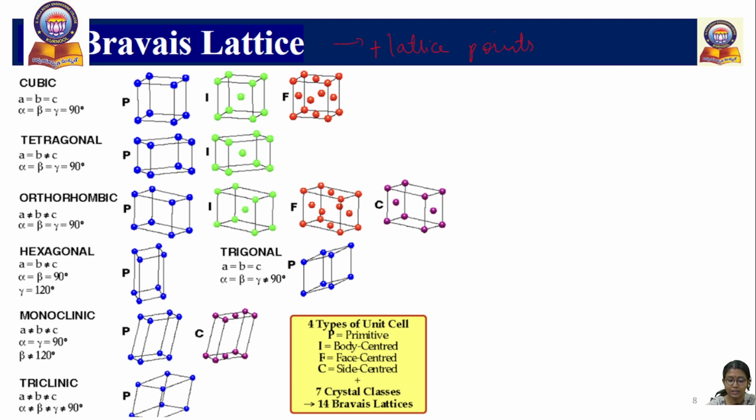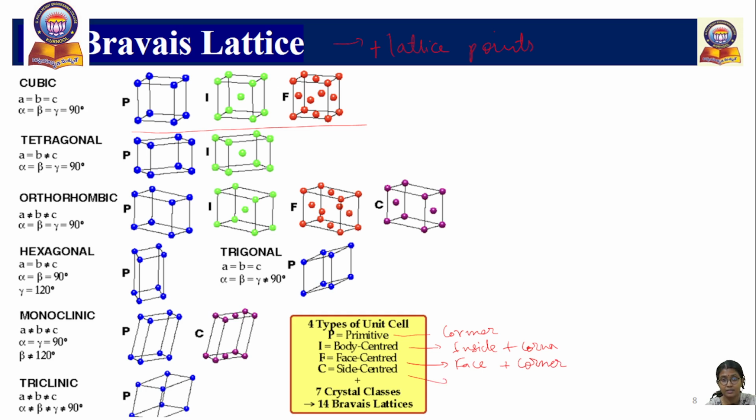But apart from this, we are also talking about P, I, F, C. P means only in the corners we will have lattice points. I means we will have a lattice point inside the body as well as at the corners. Face centered means we will have lattice points on the faces and on the corners.